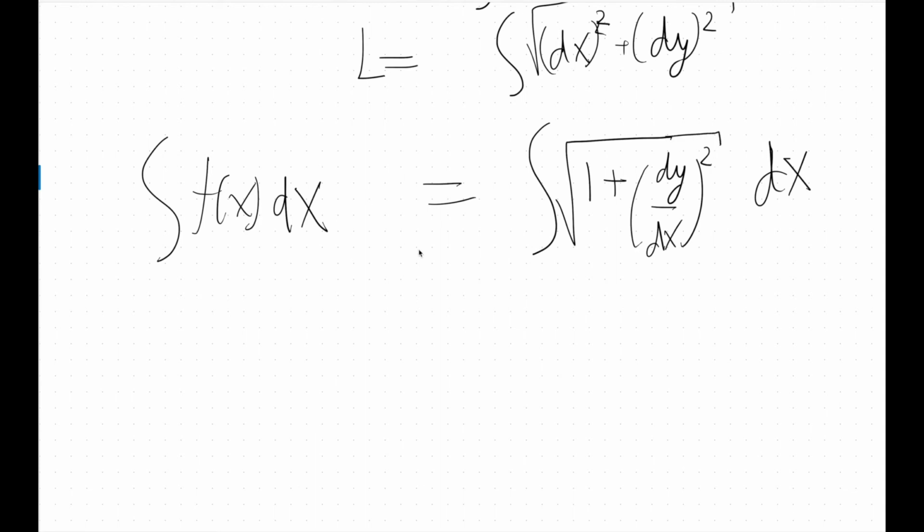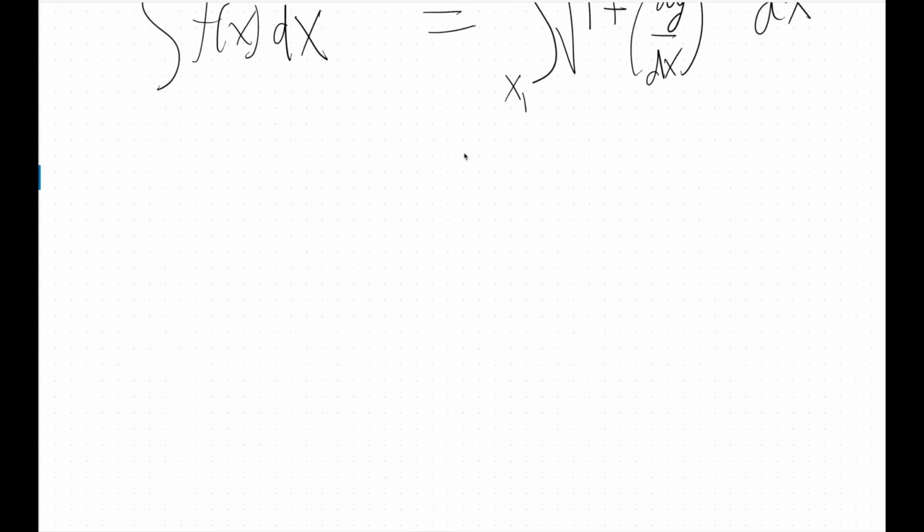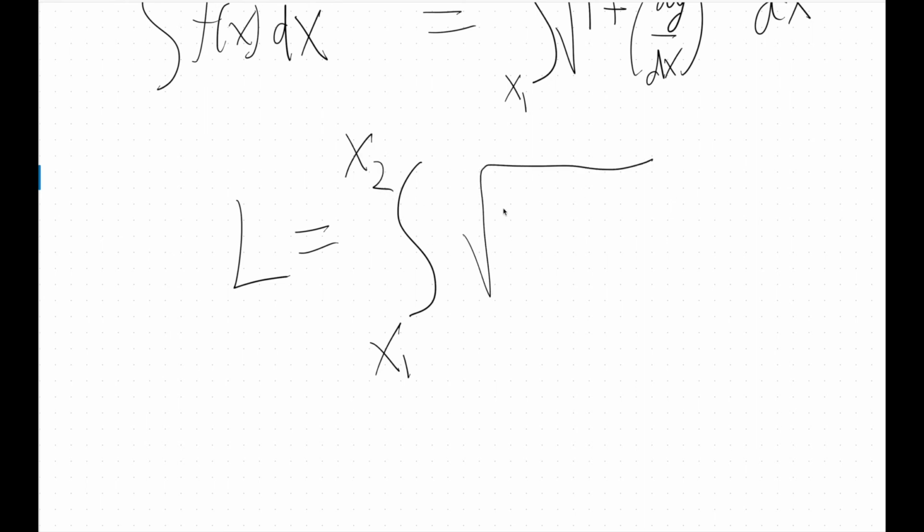And because it's in terms of x, we use limits x1 and x2. So now we have the answer right over here. L is equal to integral from x1 to x2 of root 1 plus f prime of x whole square dx.